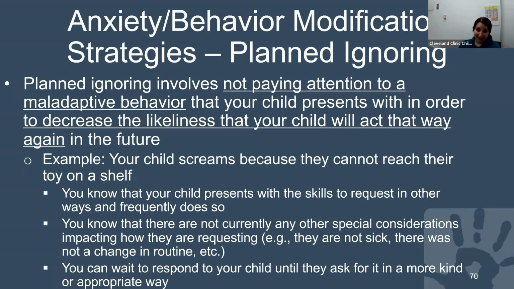One option could be to not respond to that until they ask in a way that is a little bit kinder or more appropriate. So maybe they go, "Ah, I can't get it." And maybe you don't respond. Give it a few seconds. "Mom, can you help me?" That would be the goal of planned ignoring.